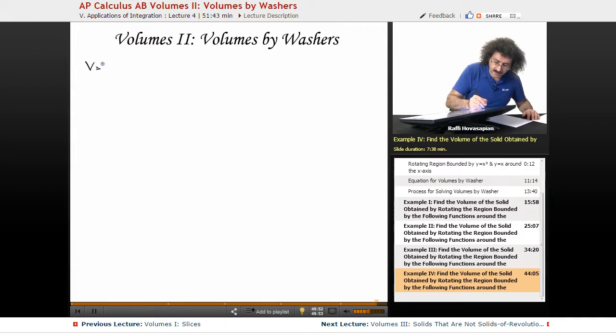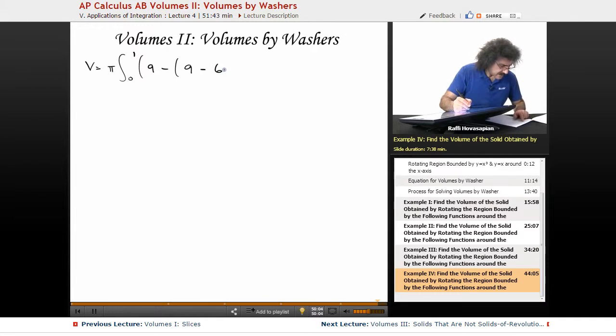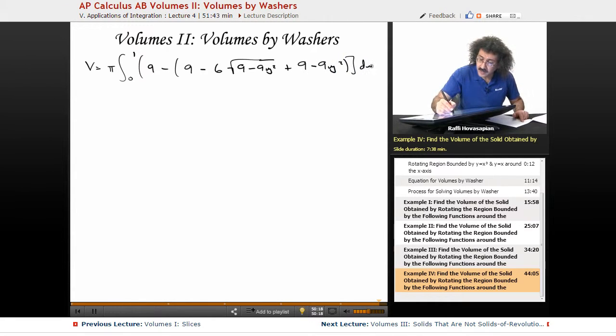So we have volume is equal to pi times the integral from 0 to 1 of 9 minus 9 minus 6 times the radical of 9 minus 9y squared plus 9 minus 9y squared dy, which is equal to pi times the integral from 0 to 1.